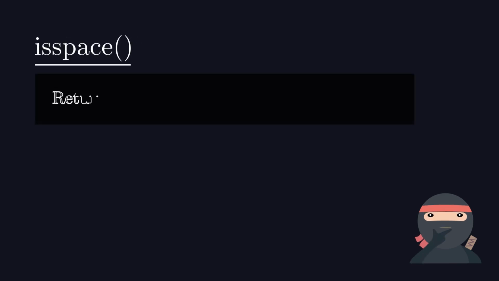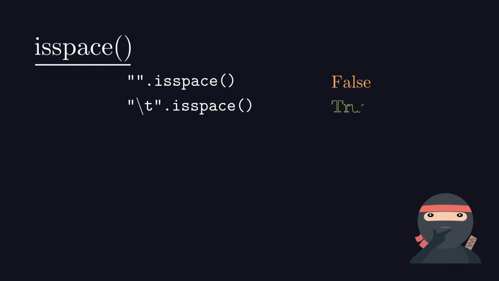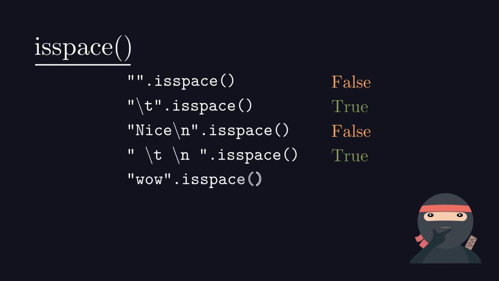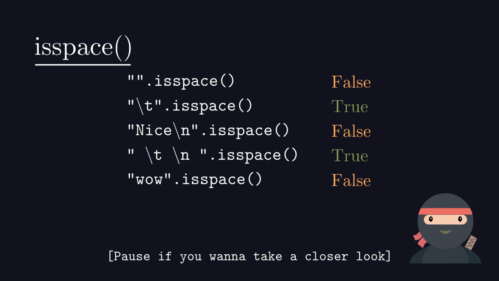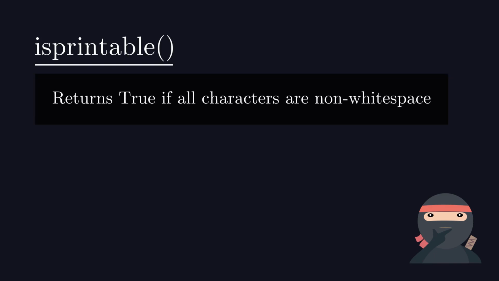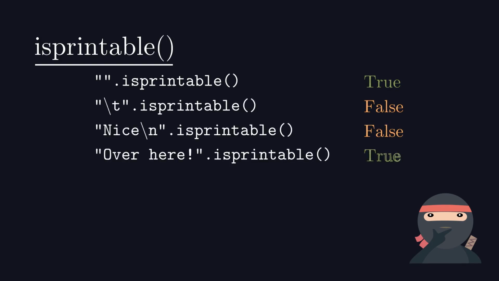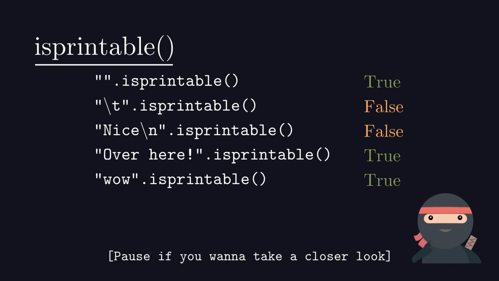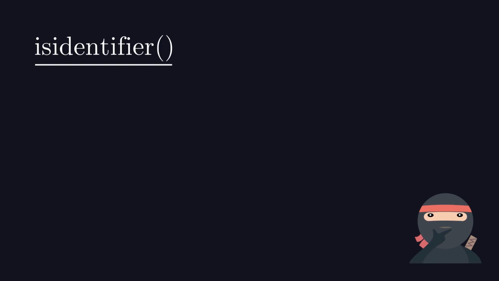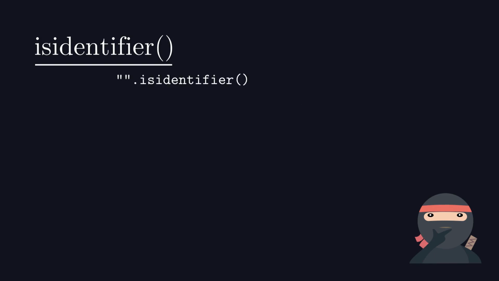The isspace method returns true only if all the characters in the string are white space. The isprintable method returns true only if all the characters in the string are printable. The isidentifier method returns true only if the string follows the same rules as an identifier.